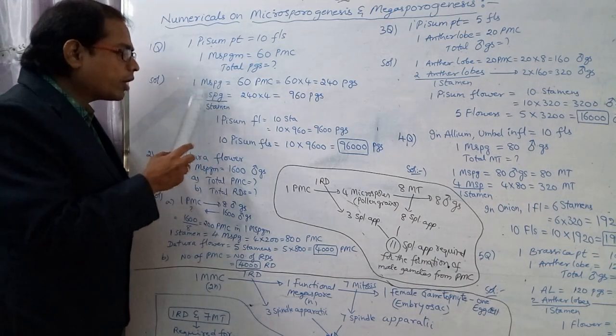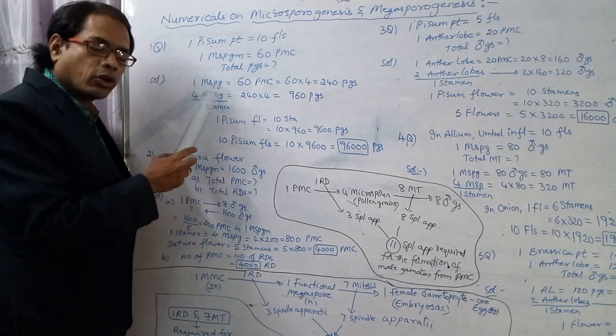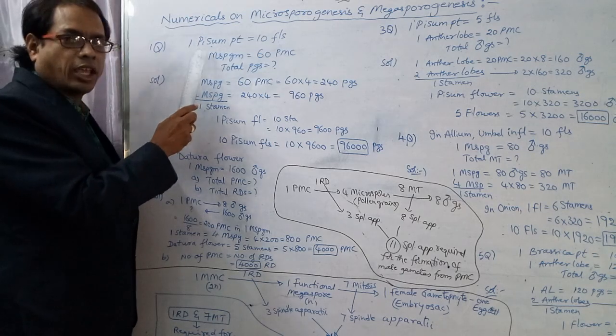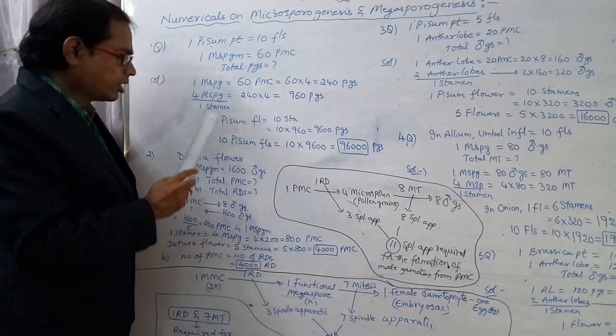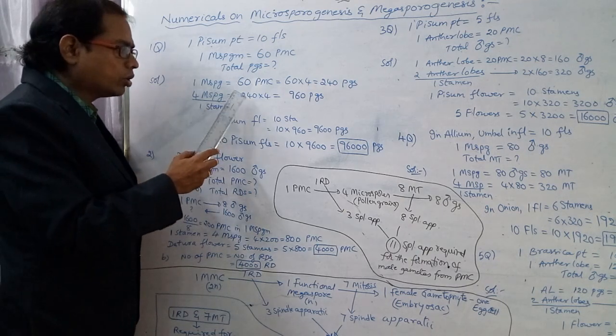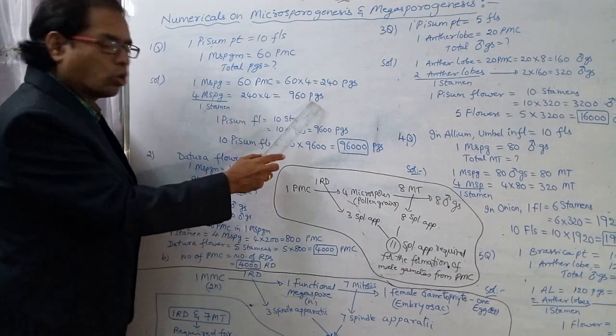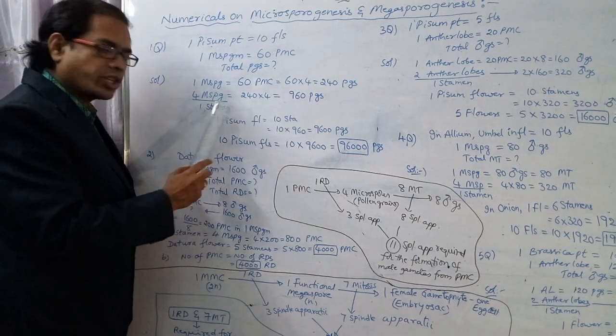So 4 microsporangia, that means 1 stamen. Why are we taking 4 microsporangia? This payasam is a dithecous stamen. So 4 microsporangia are present in 1 stamen, that is 240 into 4, equal to 960 pollen grains. This will be for one stamen.